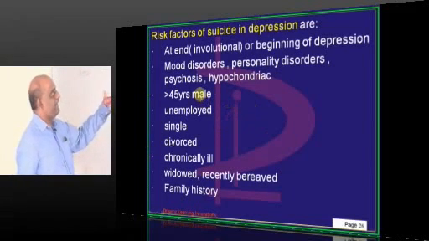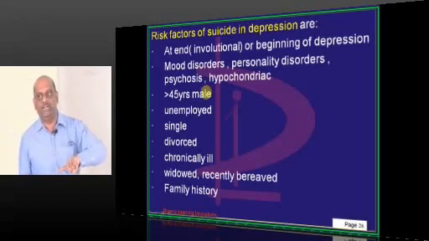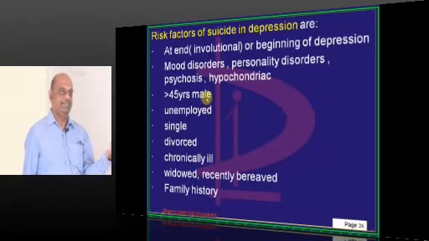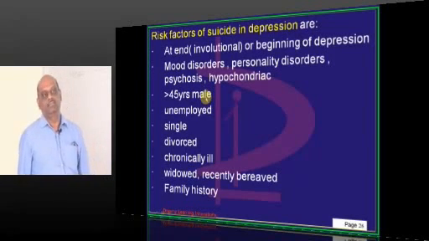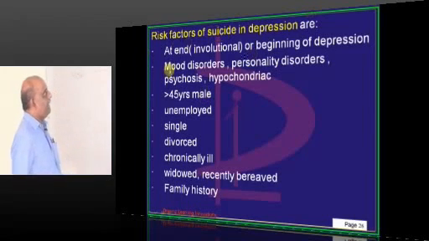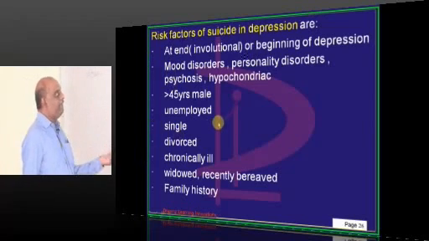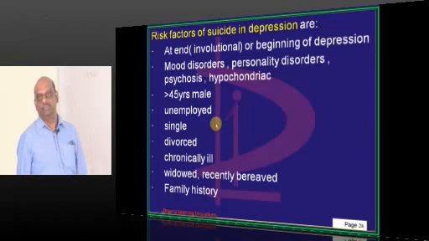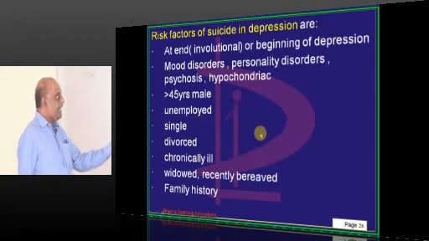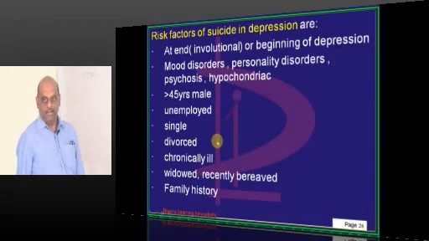Okay. So, if they also have personality disorder plus depression, more likely to die. Then if he is a male more than 45 years old, middle age crisis. If he is unemployed, single, divorced. Right?